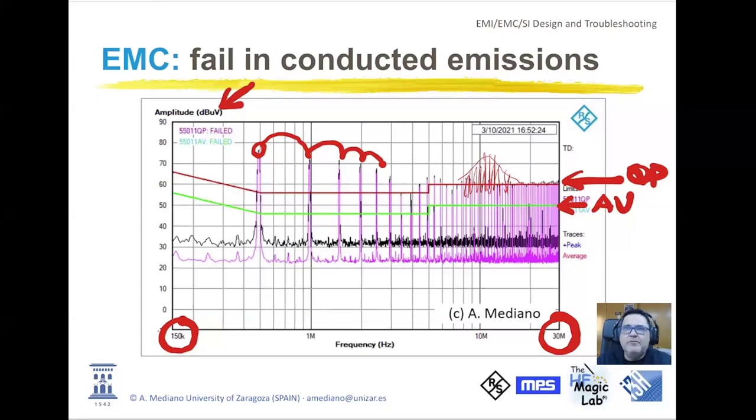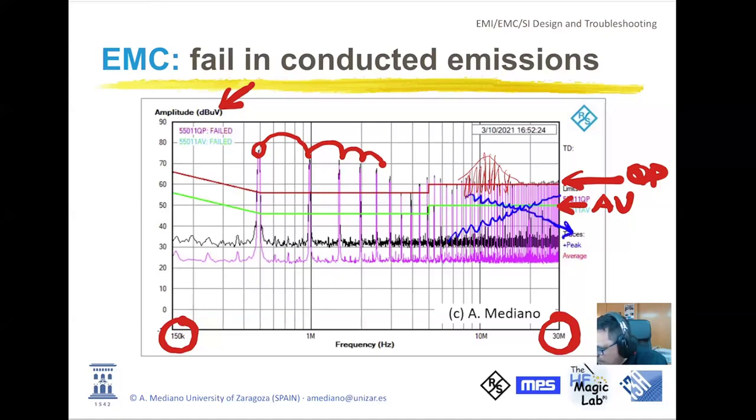And something that is very important is to be able to reduce these emissions over the limits, going down in this way. So instead of being below the limits in this way, we will try to go below the limits in this way.